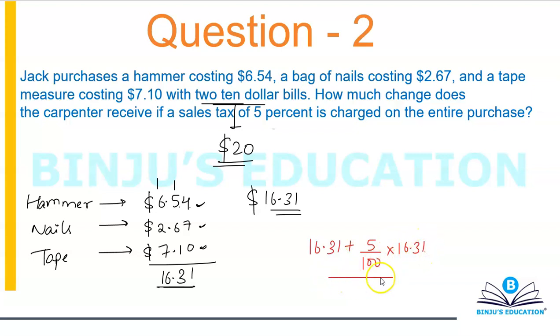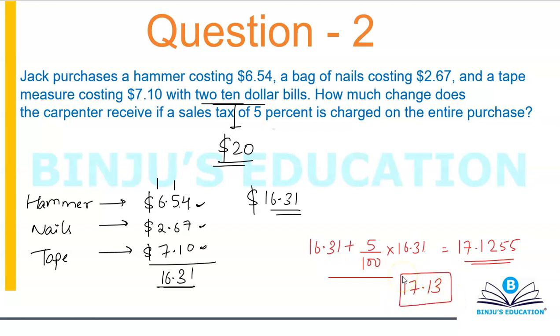If you're new to this, you can go to percentage, where you'll understand the percentage change and the final value. This is based on that concept. So it's 16.31 into 1.05, that is equal to 17.1255, or let's round it off and this will come out to be $17.13.